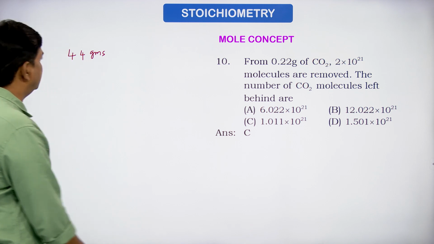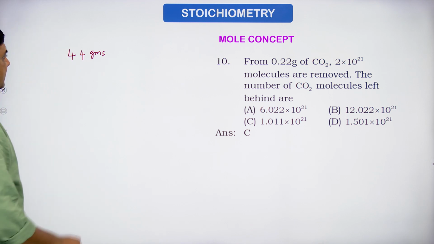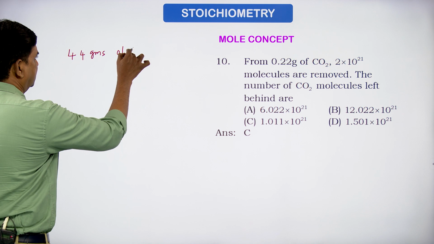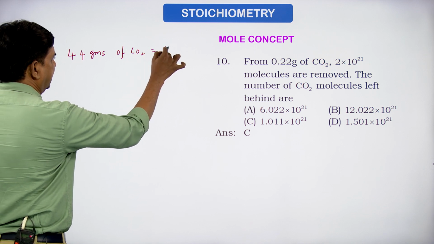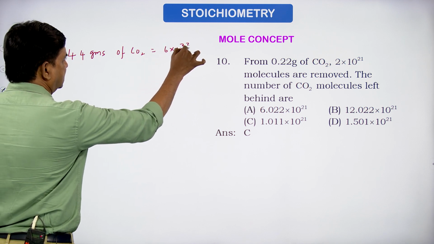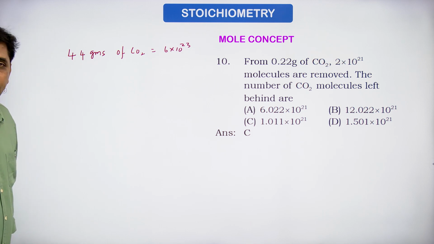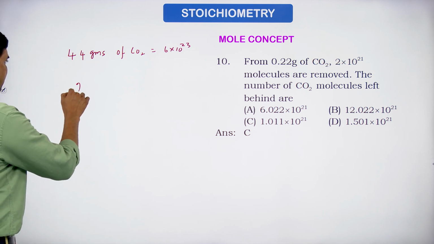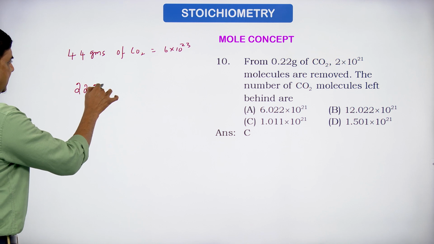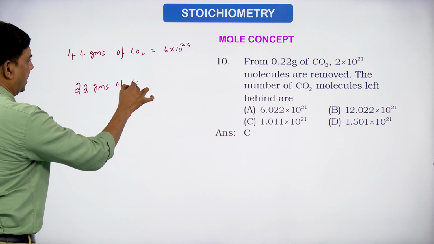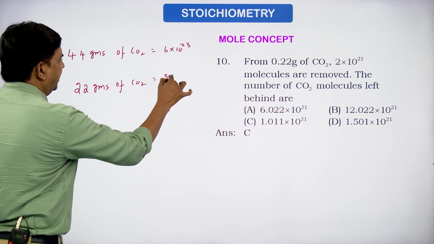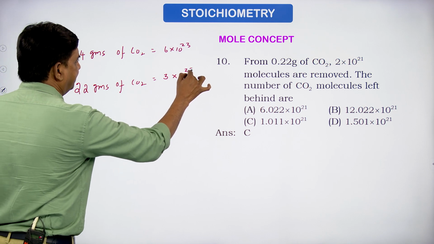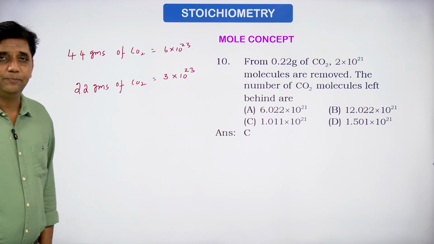So 44 grams of CO2 contains 6 into 10 power 23 molecules. Therefore, 22 grams of CO2 will contain 3 into 10 power 23.